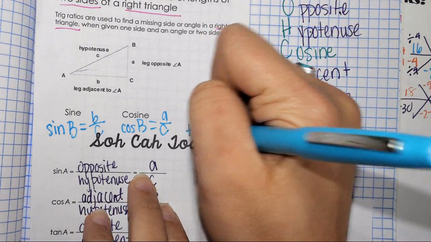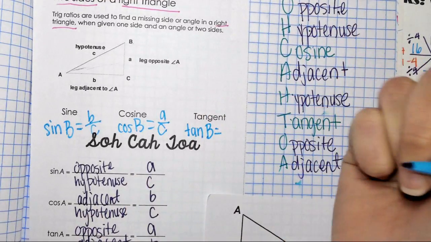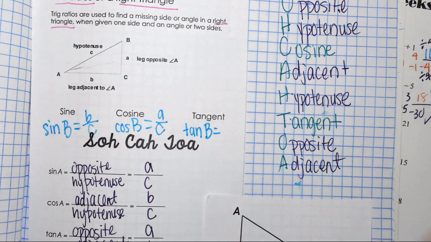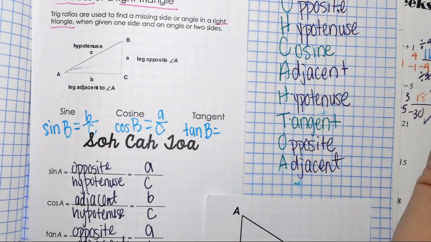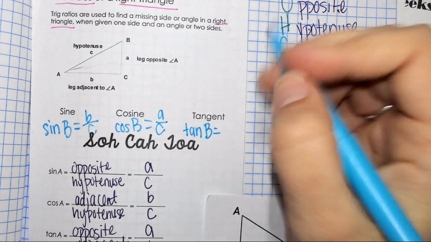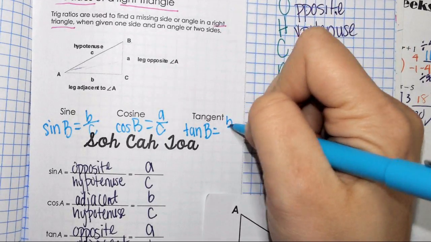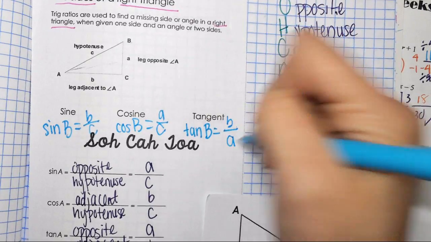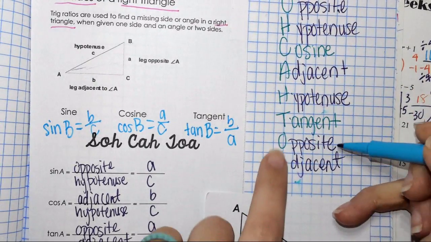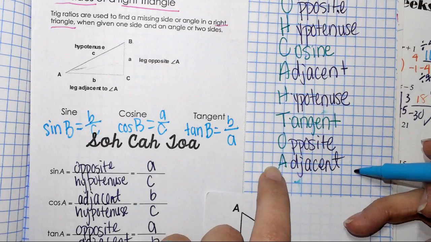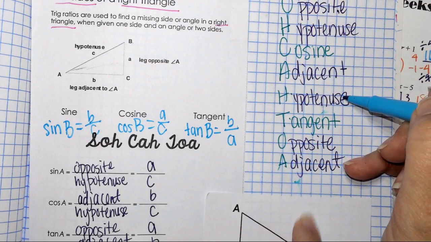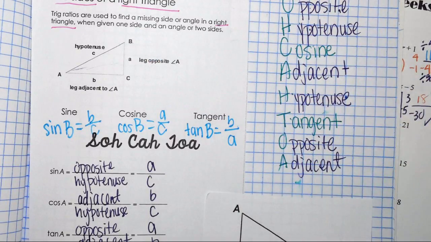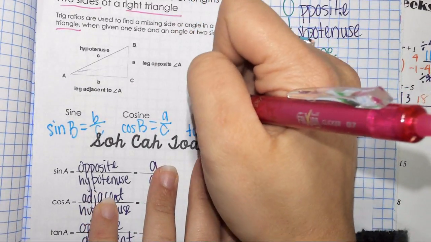All right, tangent of B. Tangent is opposite divided by adjacent. So what is opposite of angle B? Leg B. And what's adjacent? Opposite and adjacent deal with legs. Hypotenuse is H. You can't use the hypotenuse in tangent. No hypotenuse.